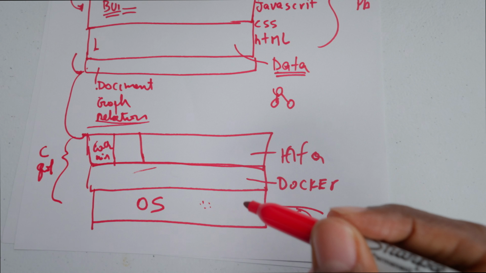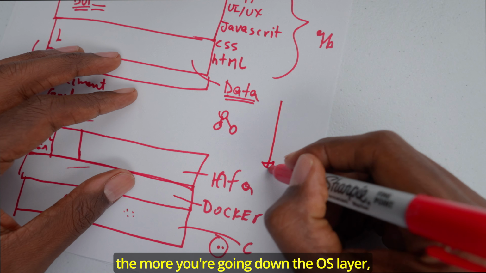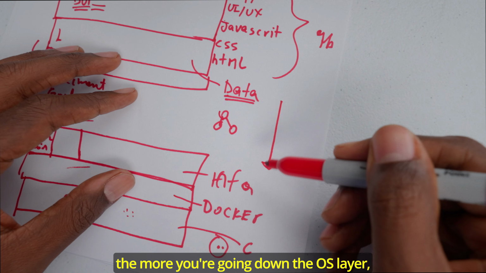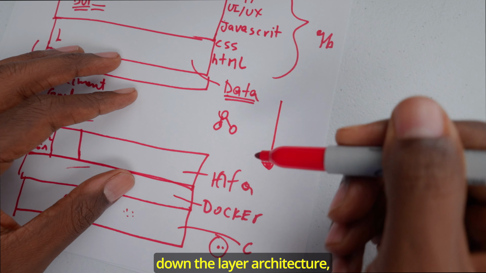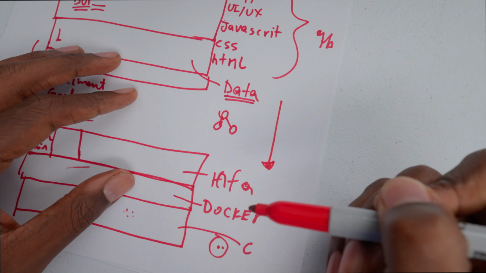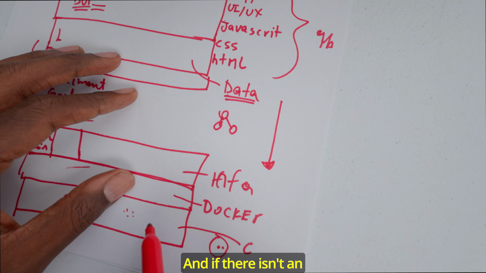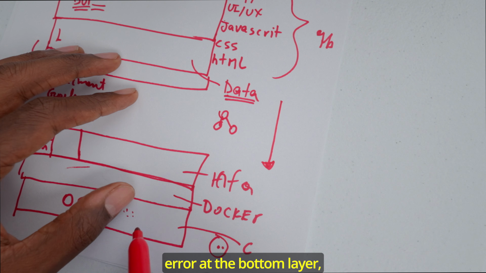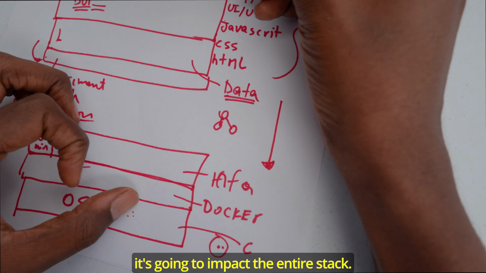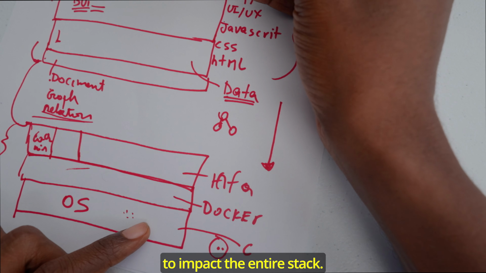So if you can see, the more you go down the layered architecture toward the OS layer, the more power you have, but the longer it takes and the more skill you need. And if there is an error at the bottom layer, it's going to impact the entire stack. So when there's a bug in the OS, it's going to impact the entire stack.